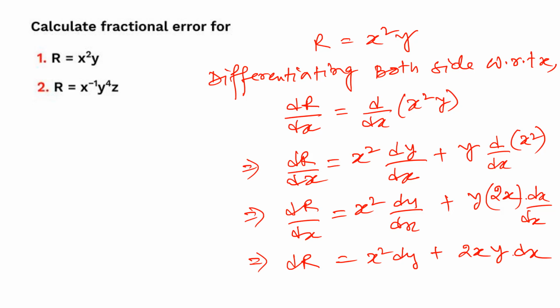This function we have obtained, right? Now finally I have divided on both sides with the original expression of r. So I will divide on both sides with r. Okay. So in the left hand side I don't need to substitute the value of r, that is x square into y. But in the right hand side I need that. So let's continue that.